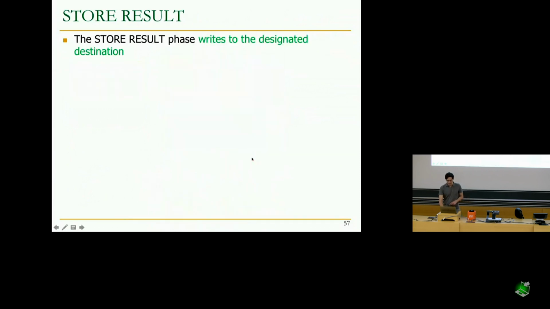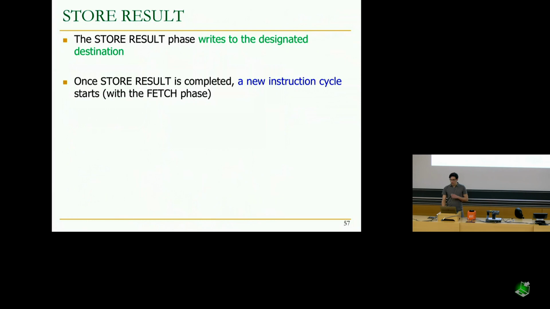And finally, the last stage is the store result, where we write the result in the designated destination. Depending on the instruction, the designated destination might be a register, like in the case of the addition or the load word instruction, or it could be memory, right? If we were executing a store instruction.